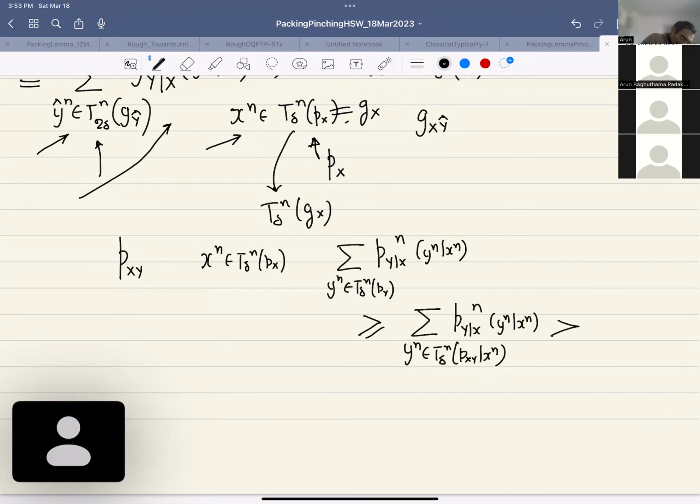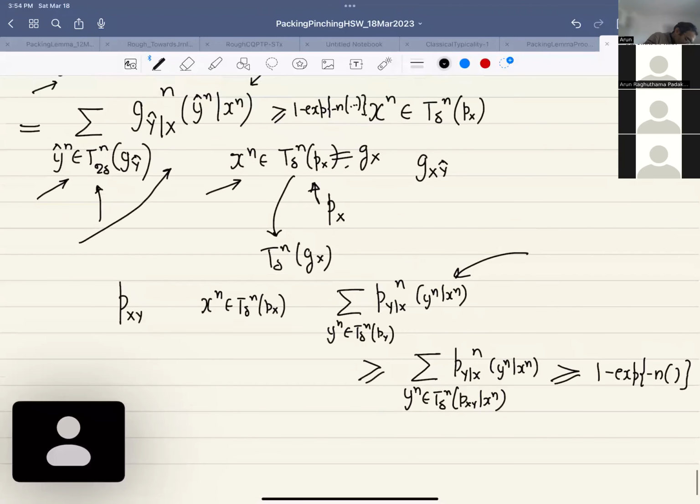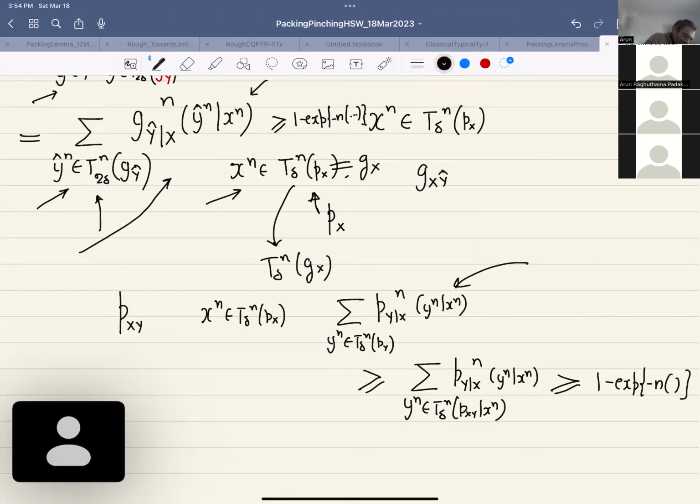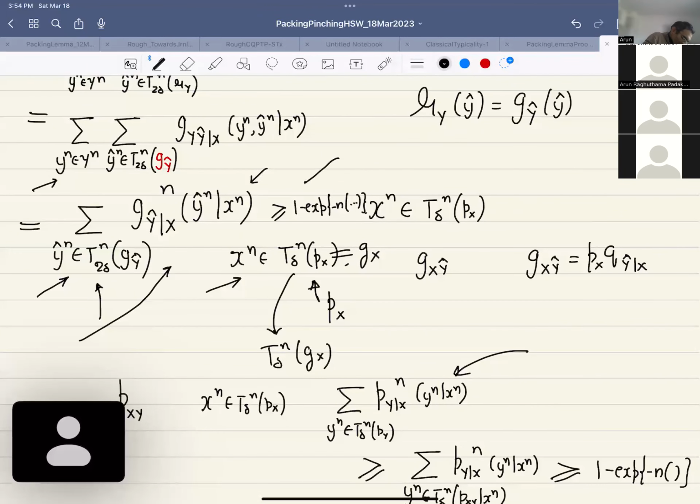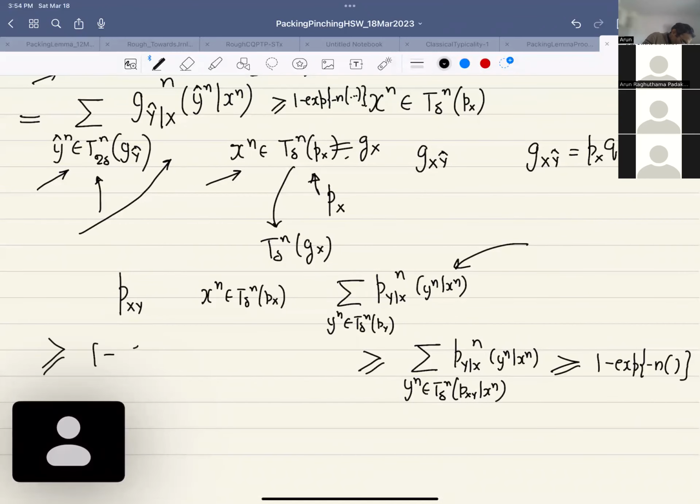Now, when I know this itself is greater than 1 minus exp of something, then this definitely is also. But now gxy hat is essentially px into gy hat given x. So that means we are in good shape. So this is greater than 1 minus epsilon, and we are done.